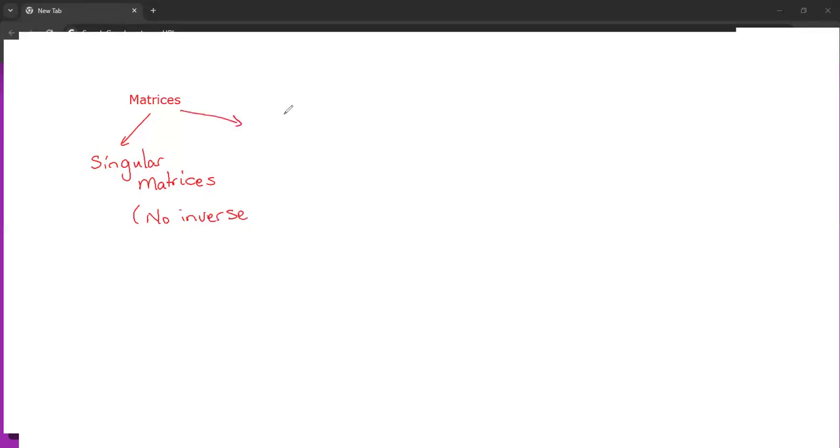Or a matrix could be a non-singular matrix, meaning that it has an inverse. So it could be singular or non-singular. If it is non-singular, it simply means that there is an inverse.